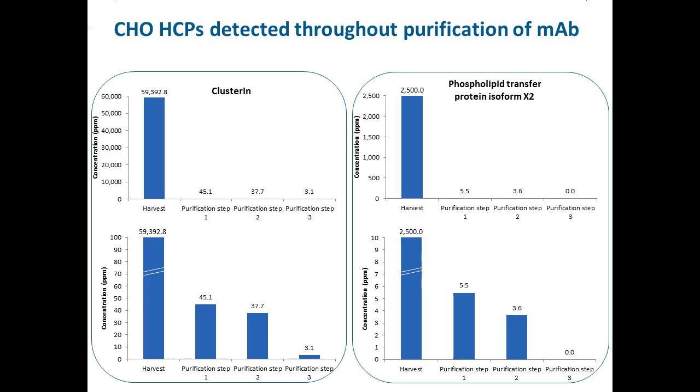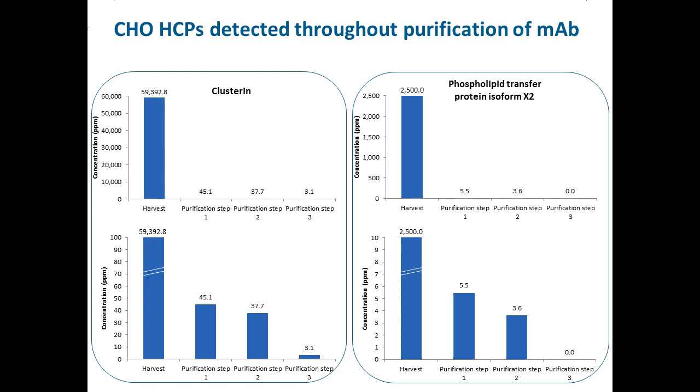Now, the bar plots that are presented in the current slide follow 2 specific host cell proteins throughout the process. On the left, we have clusterin, and clusterin, for example, is present at 59,000 ppm in the harvest sample, and it could be reduced down to 3.1 ppm in the final purification step. Now, clusterin has already been described to easily associate in a non-specific manner with both the Fc as well as the Fab fragment of antibodies.